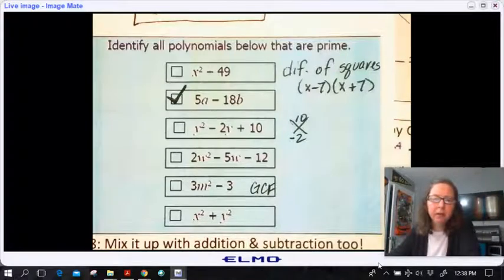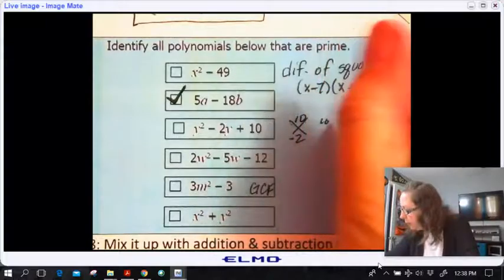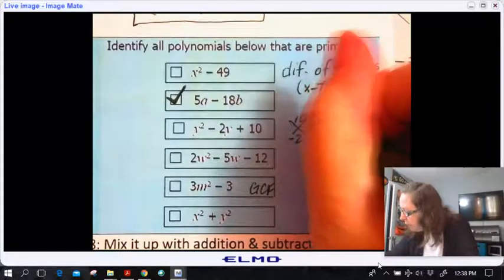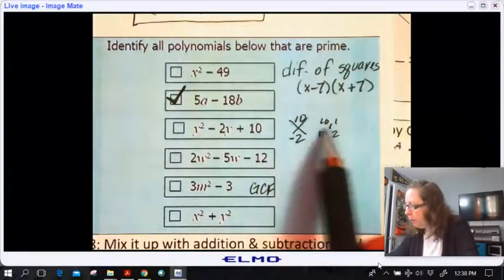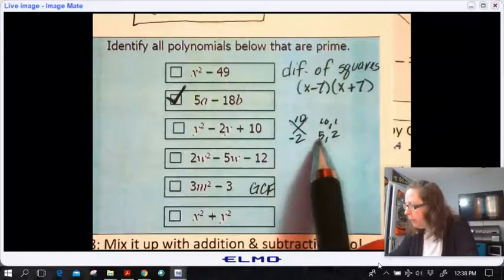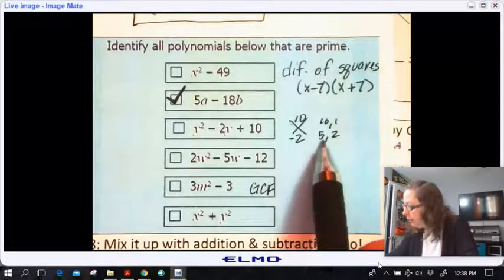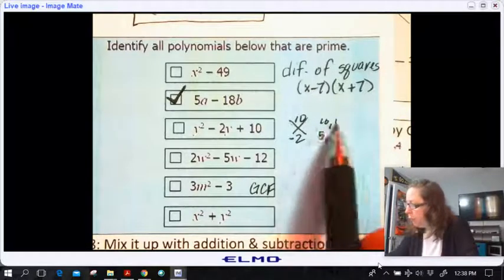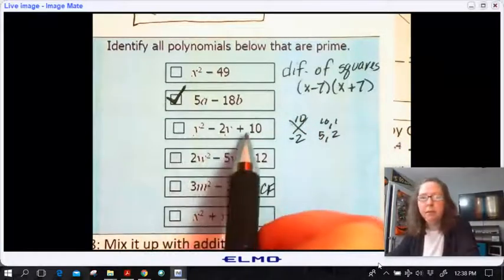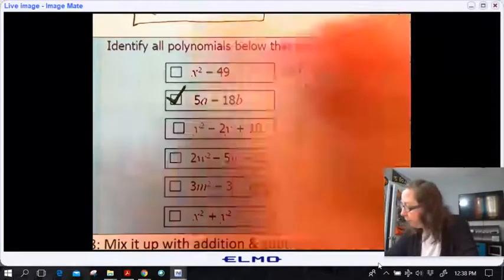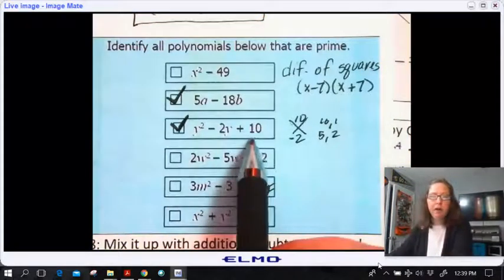Well, 10, there's only two ways to do that: 10 and 1, and 2 and 5. Okay, so the only way for this 10 to be positive is for both of these to be positive or both of these to be negative. So 5 and 2 would be 7 or negative 7. 10 and 1 would be 11 or negative 11. So this is prime because I can't factor it using my X puzzle. But when I see a trinomial, I do want to try to factor that out.